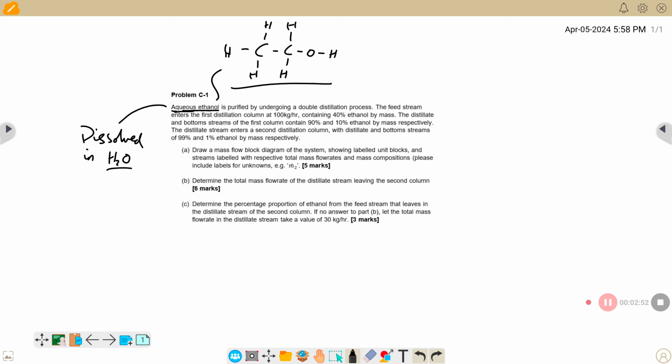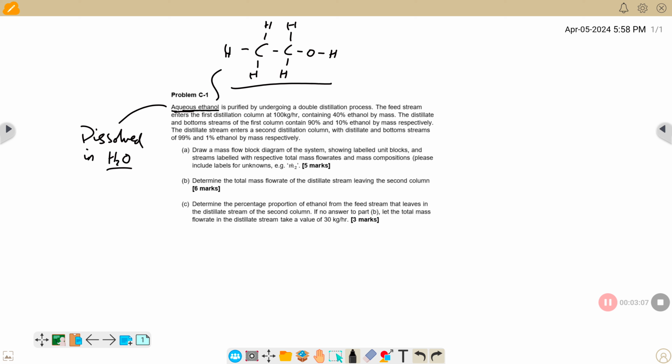Is purified. Okay, well, you'd assume that the thing being purified is either the water or the ethanol. Just by intuition, it makes sense that we're talking about purifying ethanol here, right?